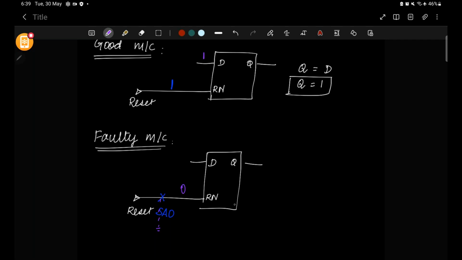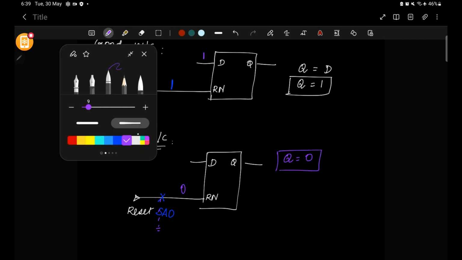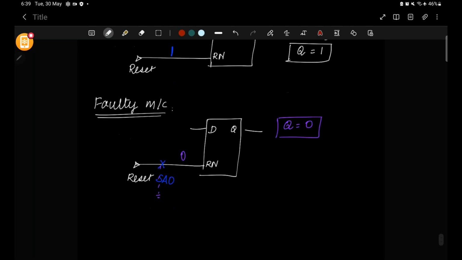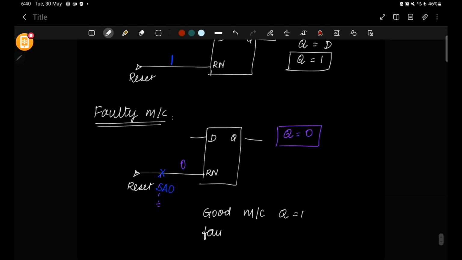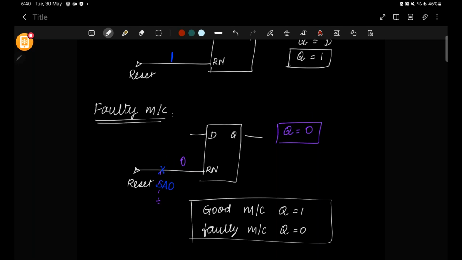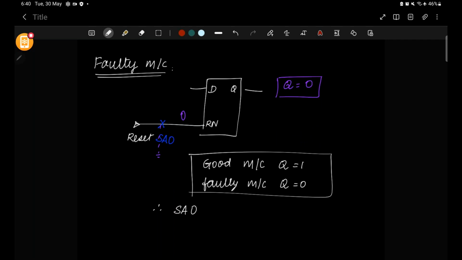So the value here will be 0, reset is pulsed for this flop, and the output of this flop will become 0. The good machine output is 1, and the faulty machine output is 0. Therefore, stuck at 0 is detected on the reset net.